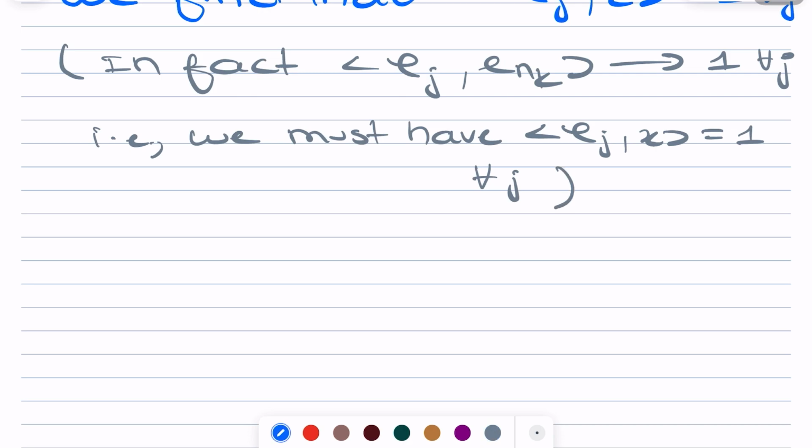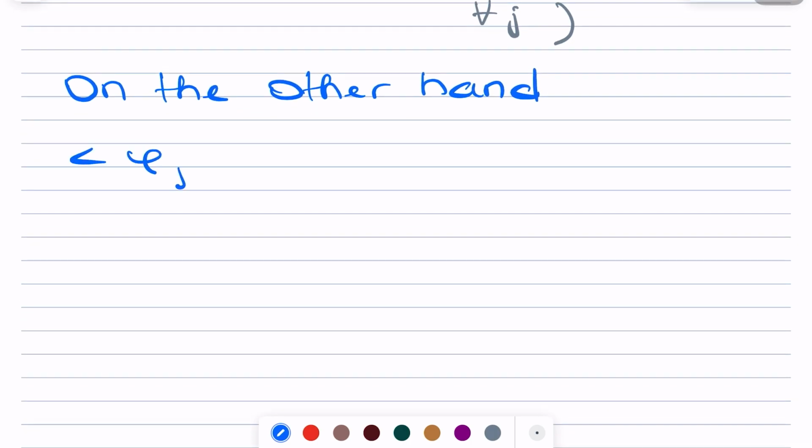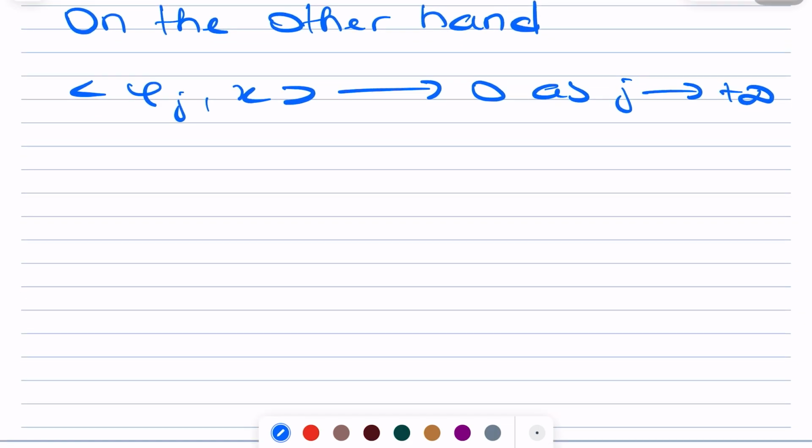Good. On the other hand, phi_j(x) actually goes to 0 as j goes to plus infinity. And this is because x is in L1.